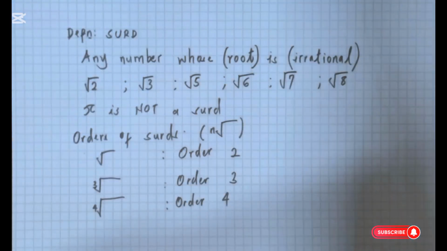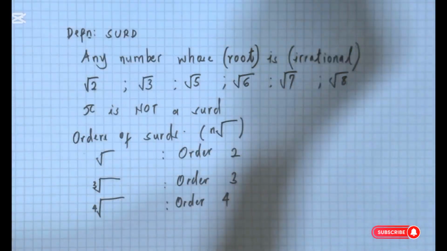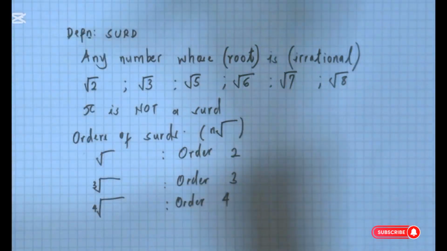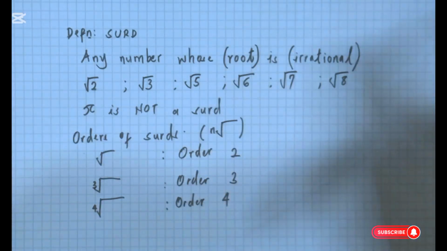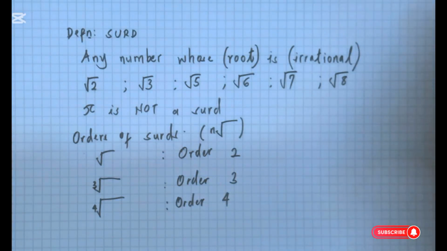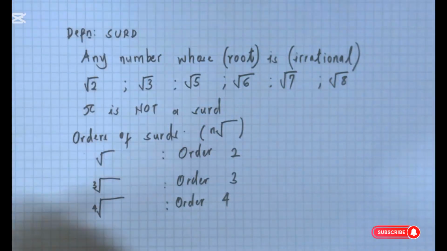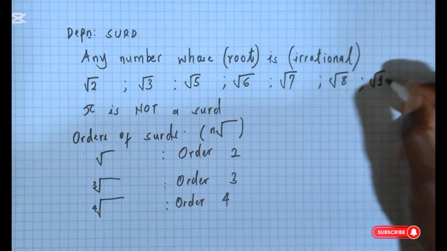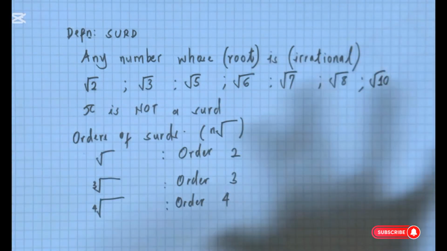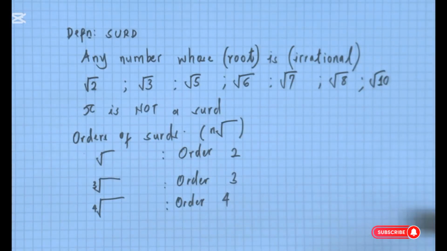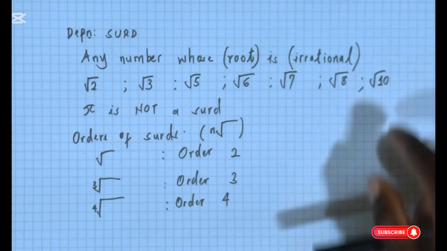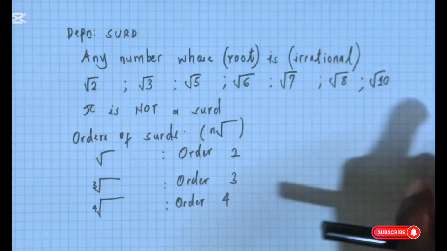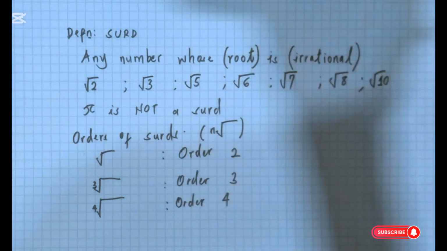Root 9 is not a surd, because we can find the square root of 9, and that is 3. Root 10 is a surd, because first of all, it has a root sign, and other than having the root sign, it is irrational.